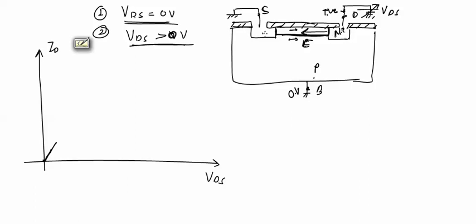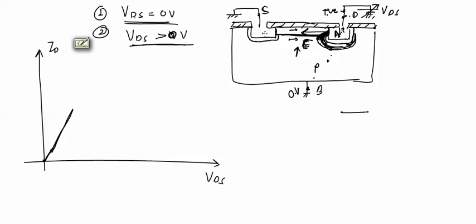So there will be a reverse biasing between drain and source, and due to this reverse biasing, the depletion layer will penetrate more towards the drain end as compared to the source end. As this depletion layer penetrates more, the channel width from the drain end decreases. But at the same time, with increase in VDS, the field is increasing, so drain current ID will be increasing.